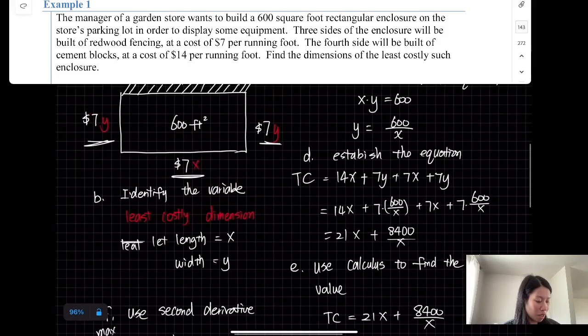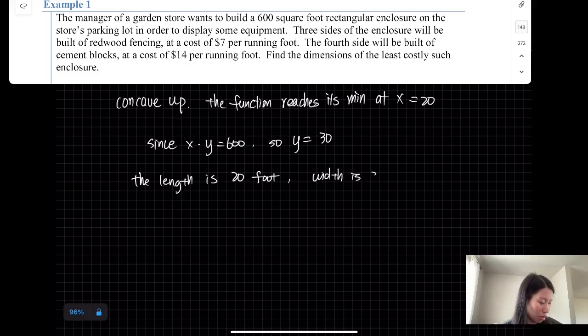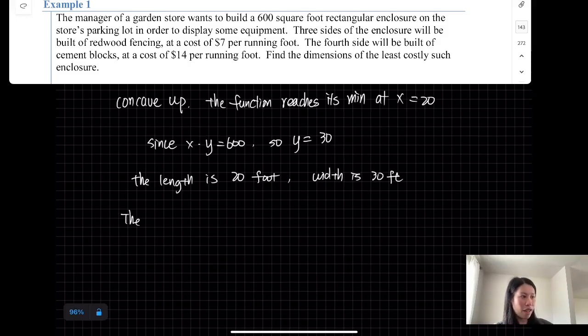So that means our one side, which is the side with salmon, is going to be 20 feet, and the other sides, the length is 20 feet long, and the width is 30 feet. So in a word, that means the dimension of the enclosure that minimizes the cost is going to be 20 feet by 20 feet by 30 feet.